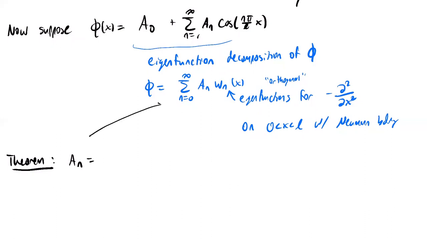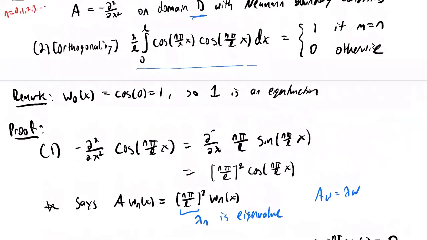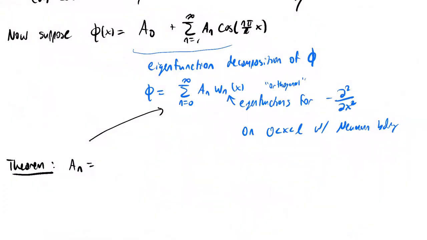So if I look at this particular an, it's going to be given by, well, you have to rescale to take into account the length of the interval. So we have to have this 2 over L factor, but otherwise it's going to be 2 over L times the integral from 0 to L. And what did we do last time? We multiplied the function phi by the eigenfunction. And so in this case, this is phi of x times cosine of n pi over L times x dx.